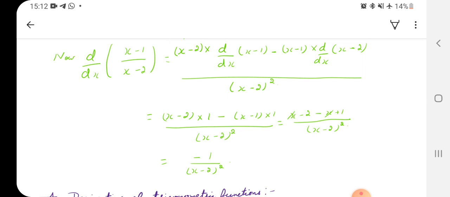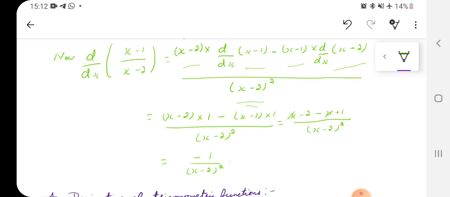So x minus 2 as it is, right? Derivative of x minus 1, numerator, then as it is, derivative of denominator upon denominator square. So we will be left with x minus 2, x minus 1 derivative will be 1, minus x minus 1 into x minus 2's derivative, that is 1.